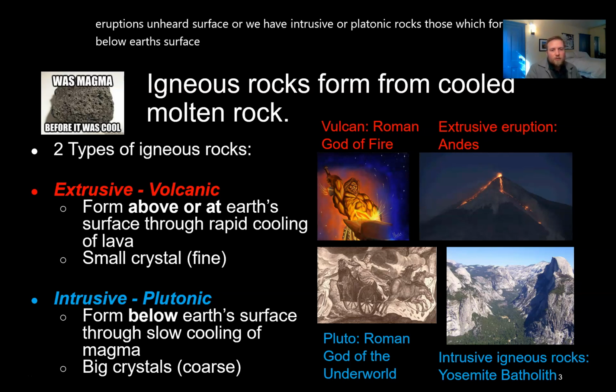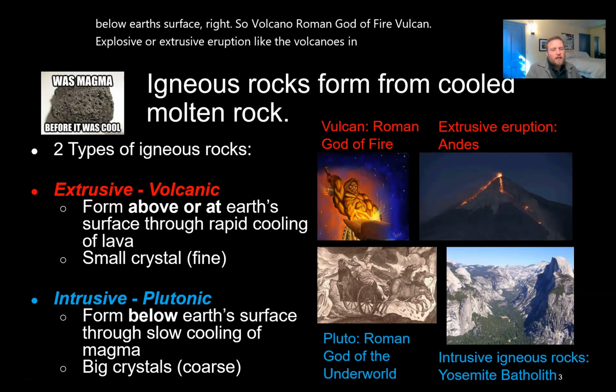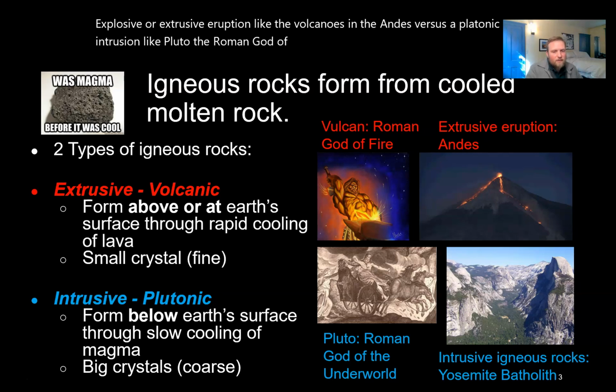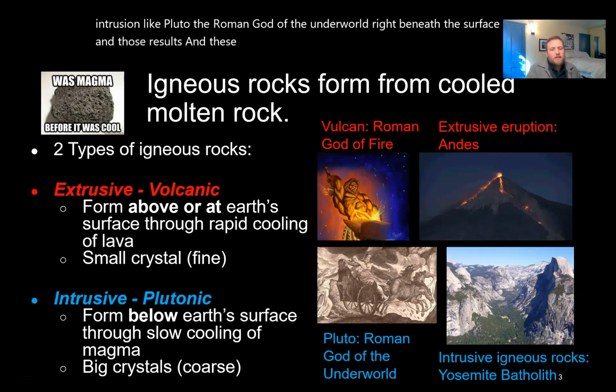So volcano, from Vulcan, the Roman god of fire, an explosive or extrusive eruption like the volcanoes in the Andes, versus a plutonic intrusion like Pluto, the Roman god of the underworld, right beneath the surface. And those result in giant igneous landscapes called batholiths, like Yosemite Valley, okay?